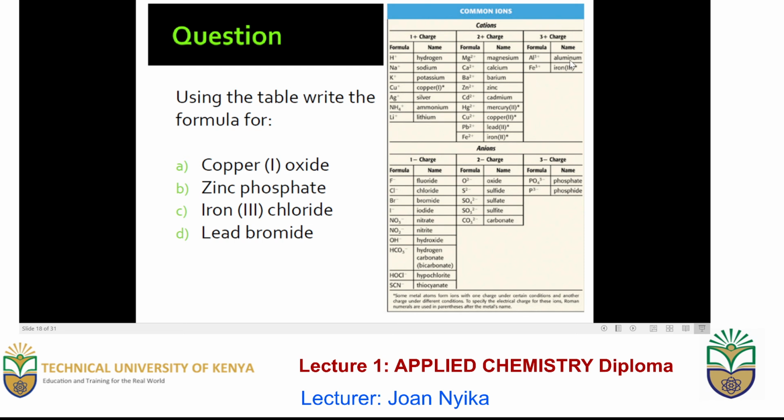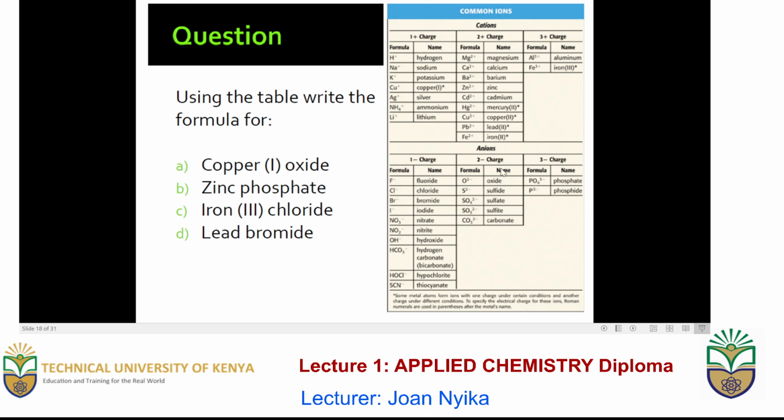Remember what we said about the difference between iron 2 and iron 3 in our previous classes. Therefore, elements with a cationic charge of 3 require losing the 3 electrons to get to an octet state. When we look at the anions, those that are nonmetals with a negative charge, they require gaining 1 electron so that they can get to a stable state.